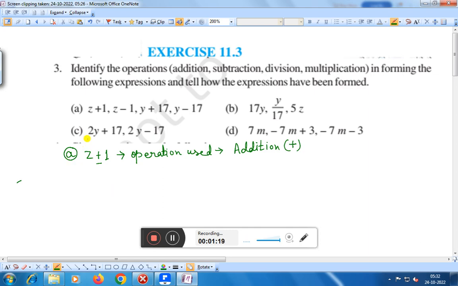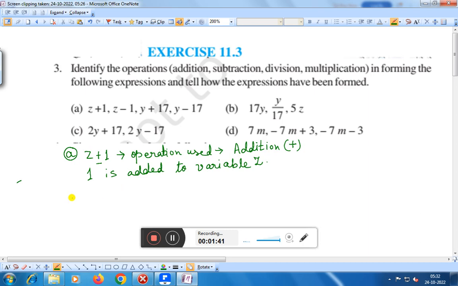Here you see one is added to variable z and the expression has been formed. One is added to variable z, right?